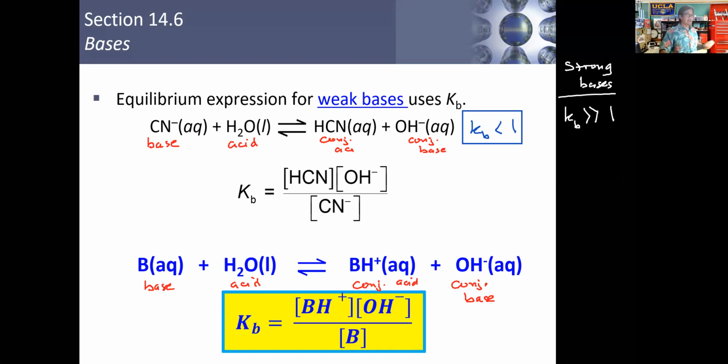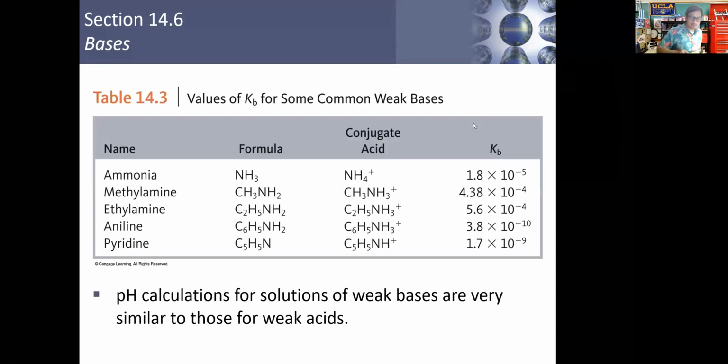Let's go ahead and take a look at some values for Kb. Again, like I told you, Kb can be used to compare bases. The larger the Kb value, the stronger the base is going to be. If we take a look at these 5 weak bases here, this is the formula for each base. We'll talk about what these amines are in just a moment. Amines are organic bases in organic chemistry.